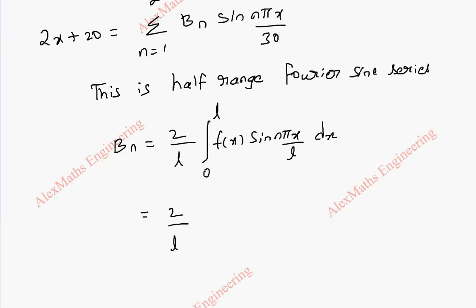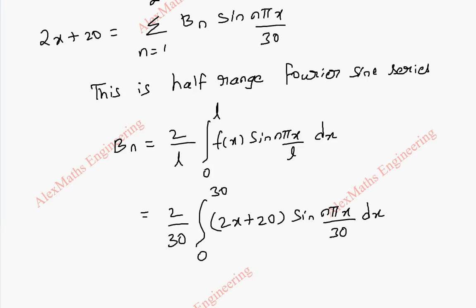So 2 by L, but L is 30 here. So 2 by 30 integral 0 to 30 2x plus 20 into sine n pi x by 30 into dx.